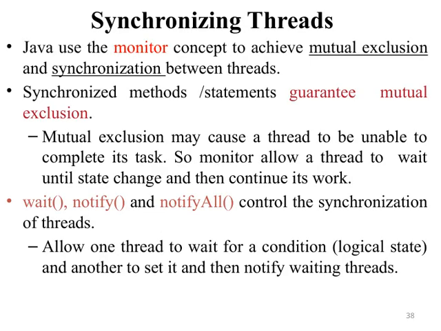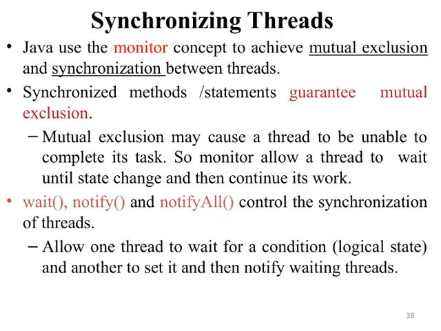Let's talk about synchronizing threads in Java. Java uses a concept called the monitor to manage mutual exclusion and synchronization between threads. This means that when one thread is executing a synchronized method or statement, other threads are prevented from entering that critical section, ensuring data consistency.